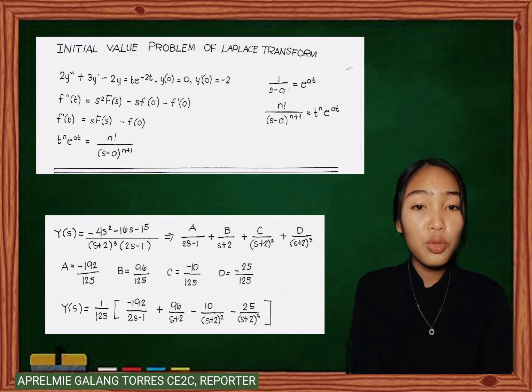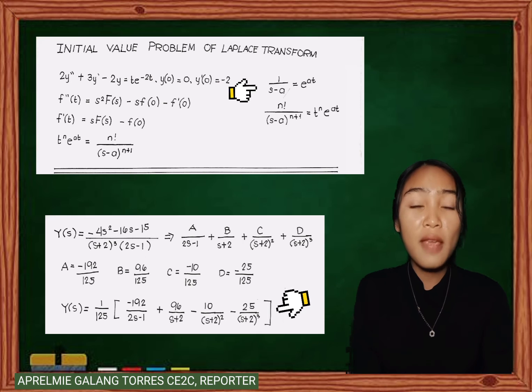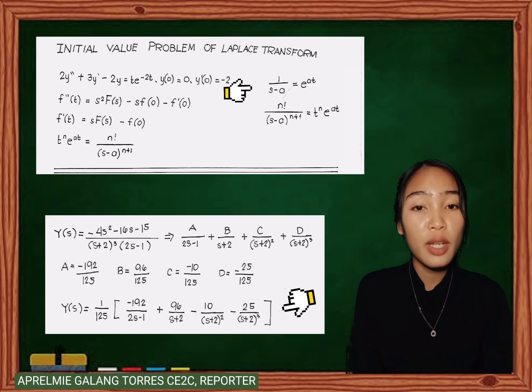So in order to do that, we need to make each of these fractions into the same format as the formulas we were given. So let's focus on these first two with the formula here for 1 over s - a.